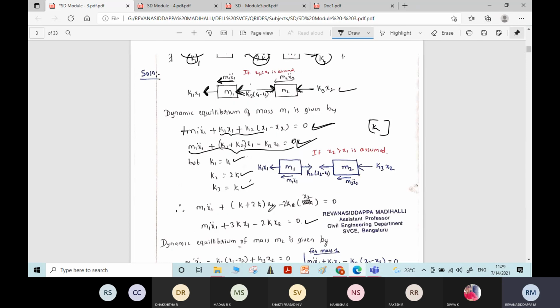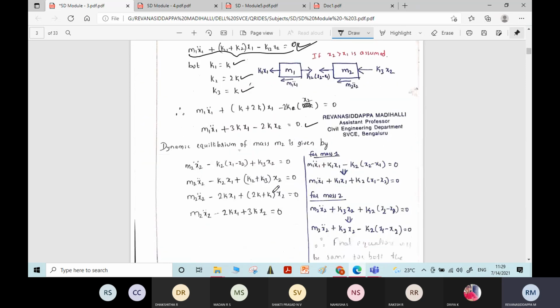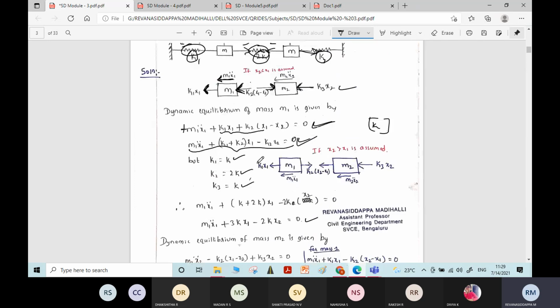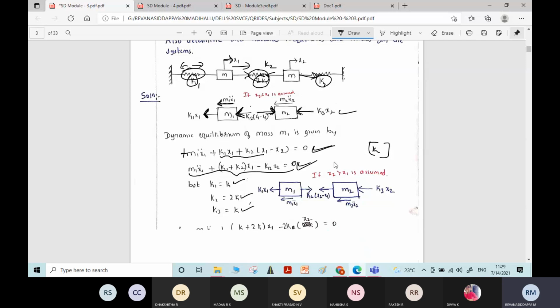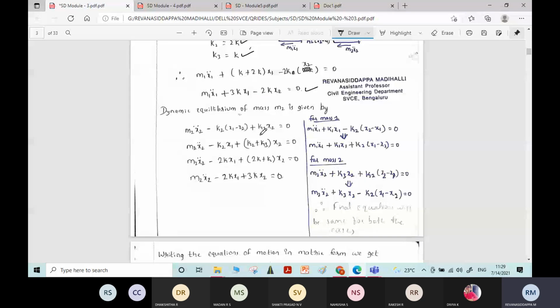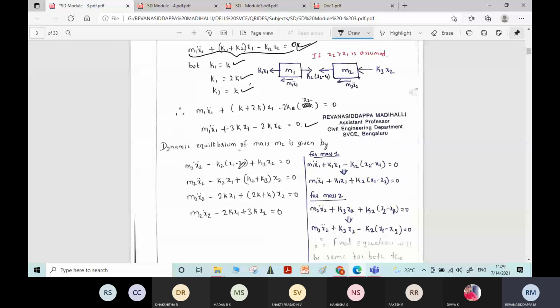Similarly, for mass M2, I have written the equation of motion. You can see M2 x2 double dot plus with positive sign, and here you can see the force acting in the right direction, minus k2 into x1 minus x2, then plus k3 into x2 is equal to 0. In the same way I have done the simplification.